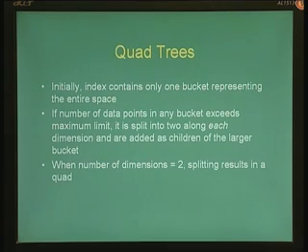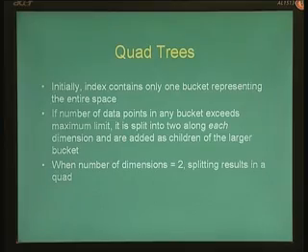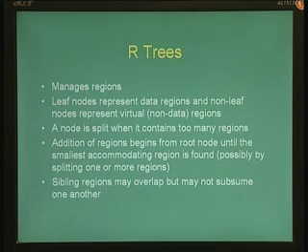And there are other kinds of data structures which I shall not be going through, like quad trees and R trees, which is again a very commonly used data structure where we manage regions, and there are certain user specified regions and there are certain virtual regions. Okay, and so each data point is also represented as a region of 0 area and so on.